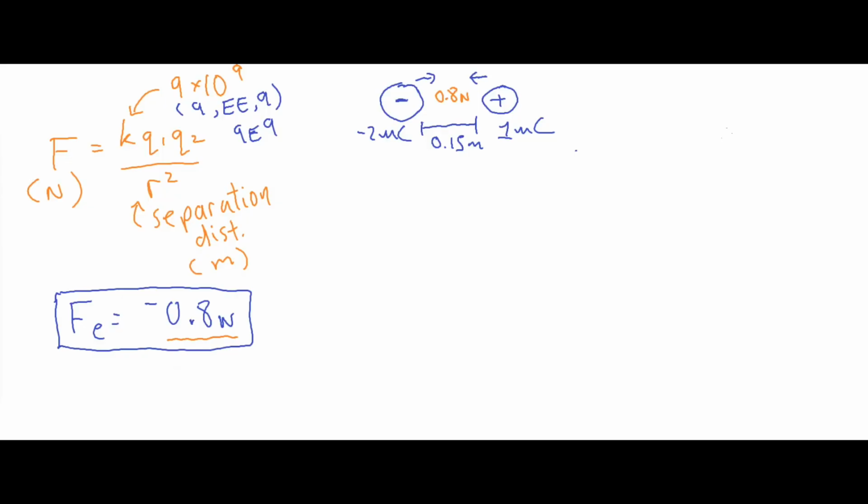Now say for example we step up the complexity of the problem a little bit and we throw another particle in there, and this one is positive 1 microcoulomb as well, and we have a separation distance between these two of 0.13 meters. Okay, so 13 centimeters or 0.13 meters. We want everything in meters though, so it's in the proper unit for our formula.